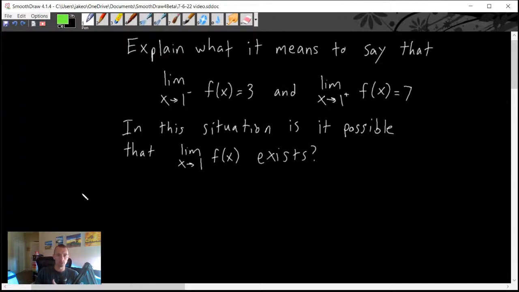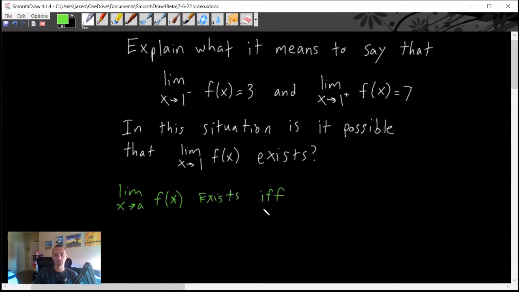Two-sided limits, in general, this is a general rule of thumb. A two-sided limit of a function as x approaches some value, so the limit as x approaches a of f of x, is going to exist if and only if.